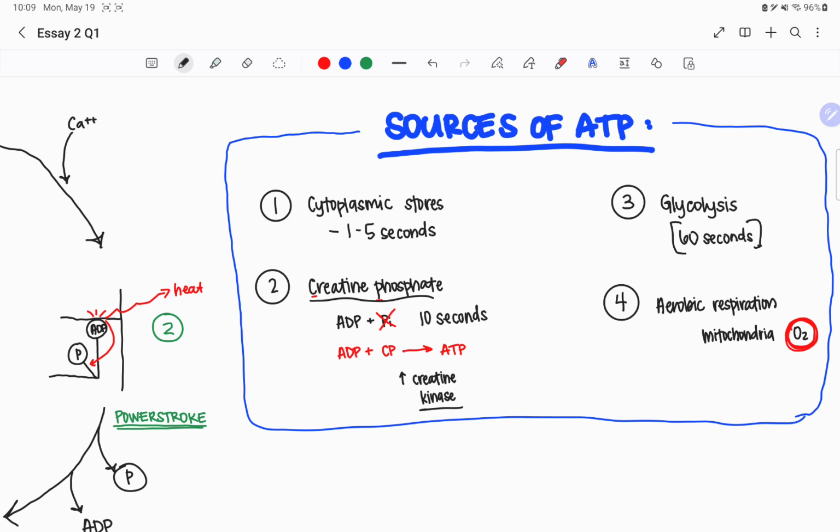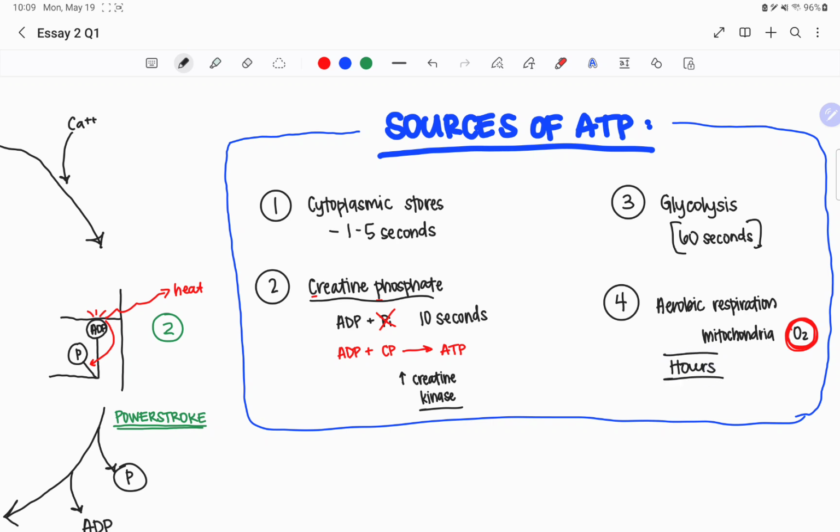So all of these are known as anaerobic, the 1, 2, and 3. They're anaerobic sources of ATP. They're just quick, ready use sources of energy, okay? Now, the most efficient, at least the one that can last for a long time, is our aerobic respiration. This can last up to hours, right?